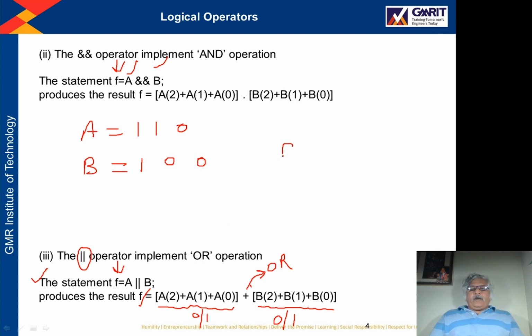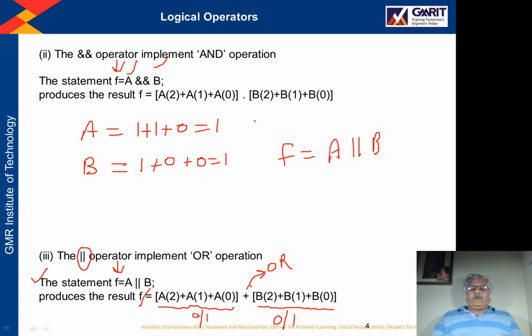So now F is equal to A double vertical bar B. What will it do? It will perform the OR operation over the elements of operand A. So it will give a result 1, and it will perform the OR operation over operand B. It will give us result 1, right?